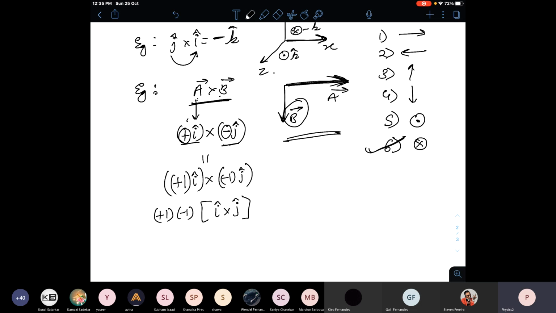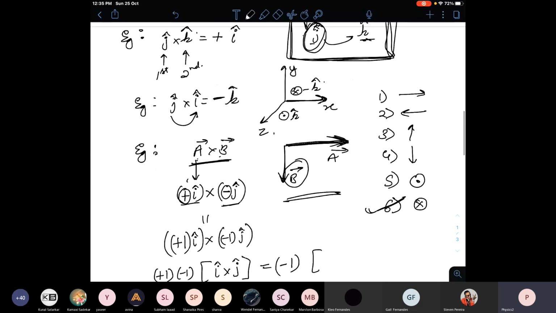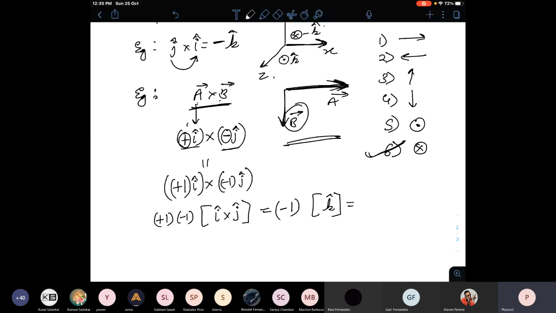Now plus 1 into minus 1 is minus 1 only, and I cap cross J cap, from this circle we can understand that it is K cap. So I will write this as K cap. So finally the answer I am getting is minus K cap, and minus K cap means cross direction.